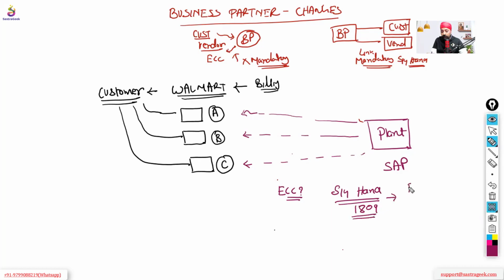How many business partners do you need to create, and how many customers do you need to create in this scenario? Answers in the chat window. Let's say the version is 1809 and earlier.